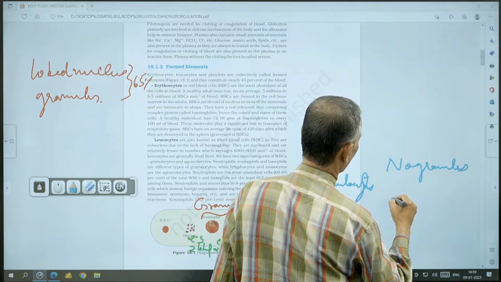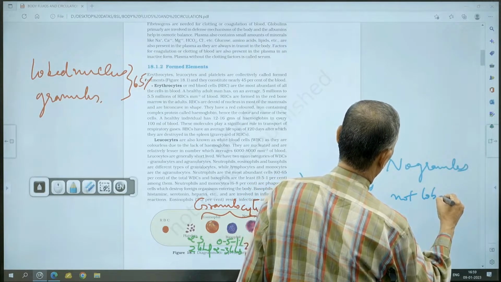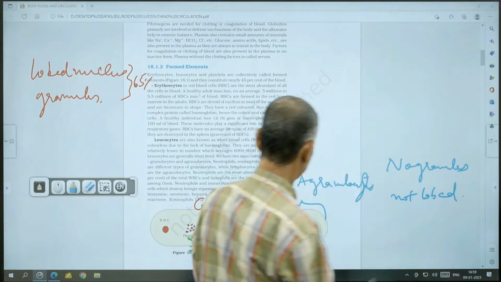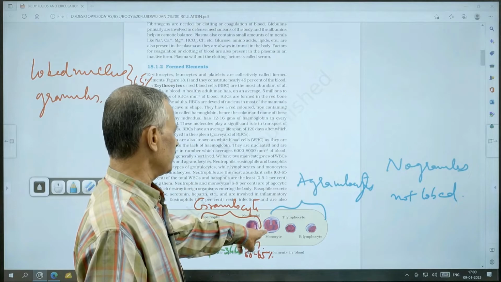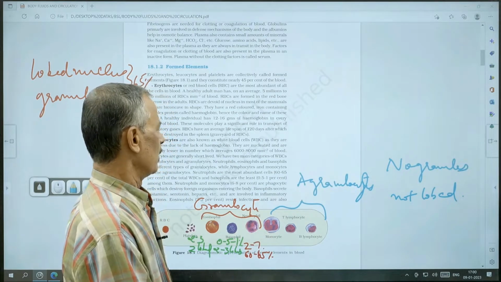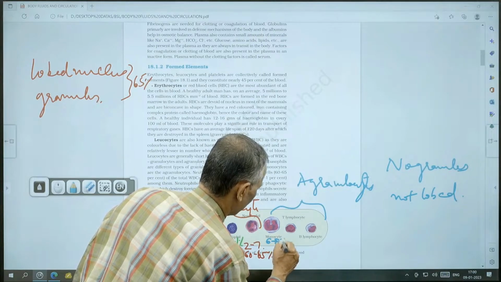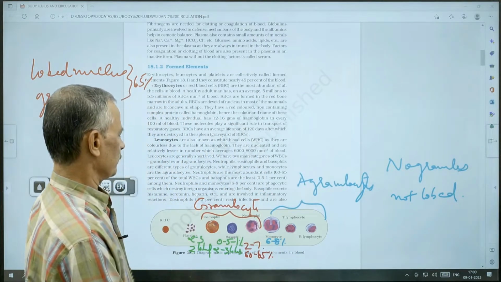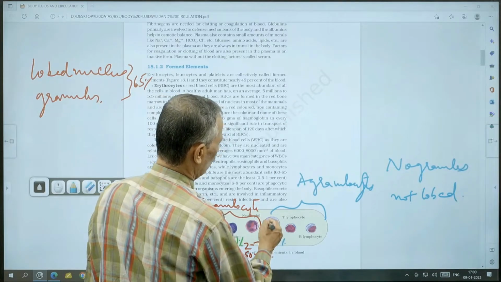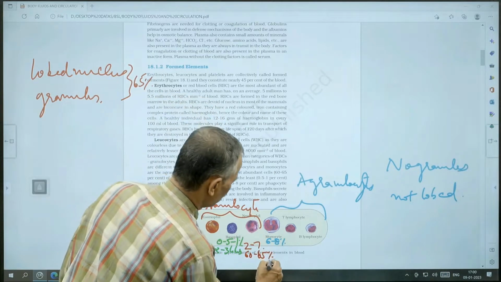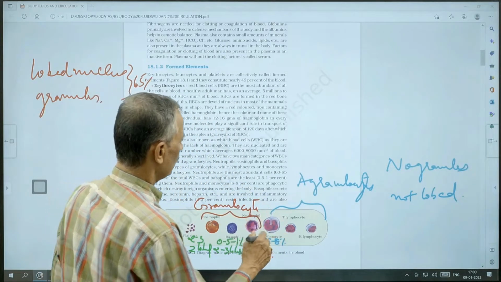And nucleus is not lobulated. Not lobed. We are having monocytes, which are the largest in size. These monocytes are 6 to 8% of the total WBCs. Okay, 6 to 8%. And their nucleus will be kidney shaped. There is no lobes, but kidney shaped.